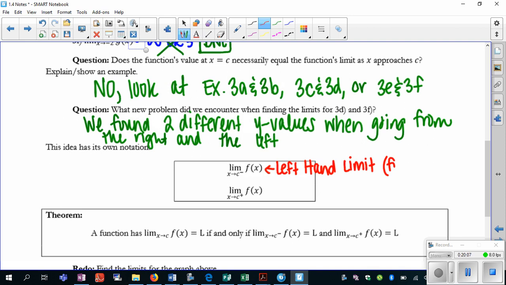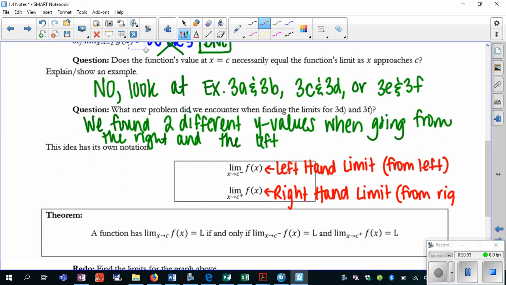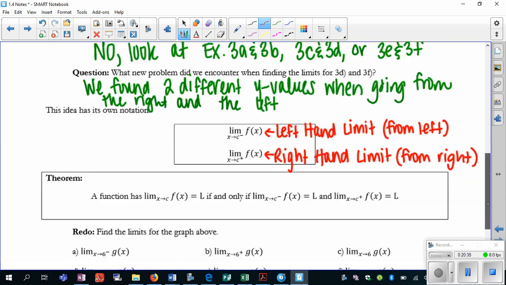And notice that if it said x is approaching -2, there would be another negative on the end to represent it's coming from the left. This one is called the right-hand limit because it has the positive after the number. So it means it's coming from the positive numbers, from the right-hand side.